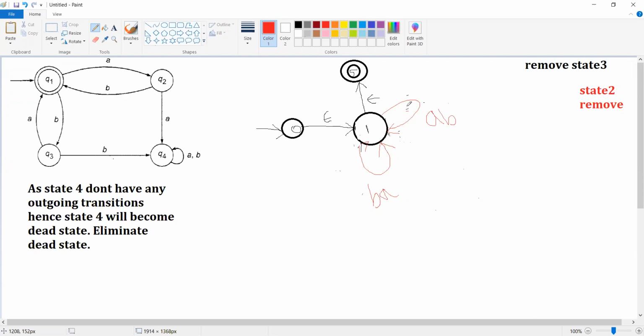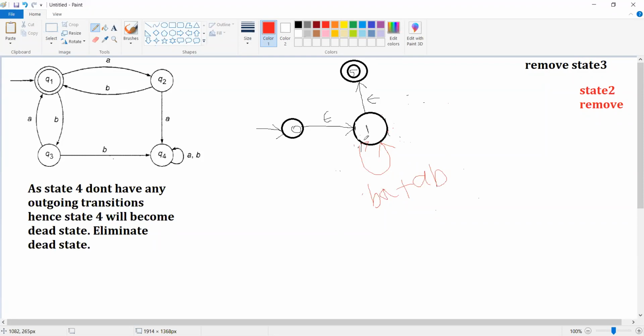We can do the union of them. So instead of writing two different transitions, I am going to join these two parallel transitions. Now it will become BA plus AB.